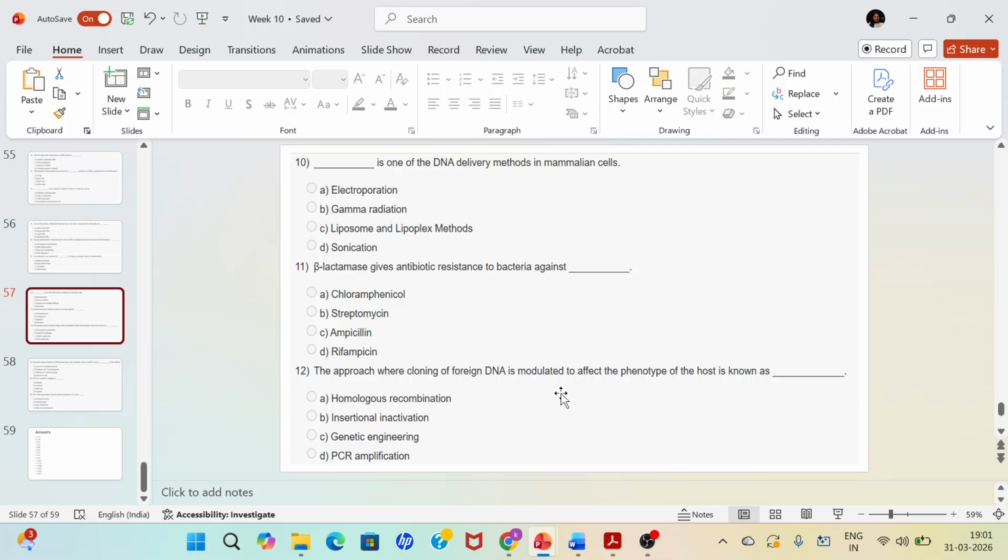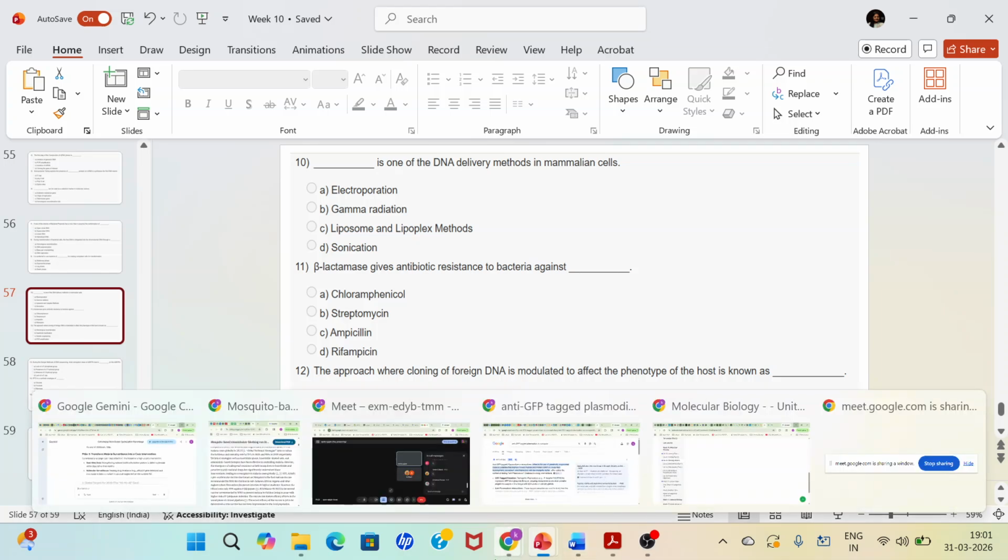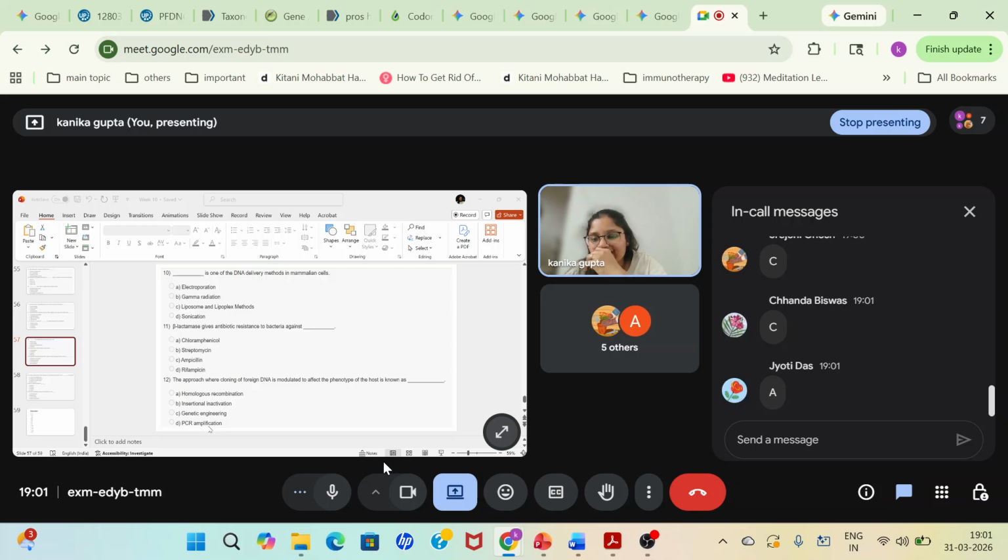Question number 10. Dash is one of the DNA delivery methods in mammalian cells. What is that? Yes, it is electroporation.